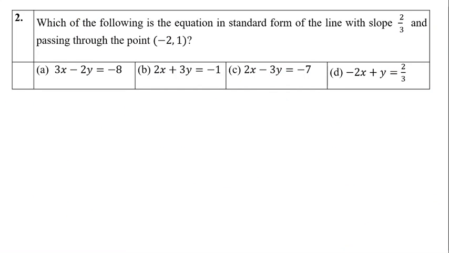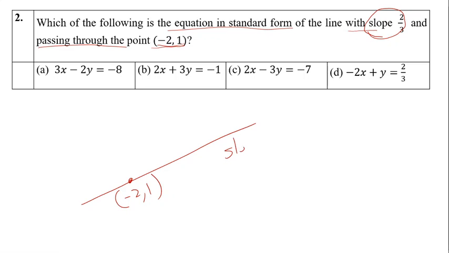Now let's look at the second problem. Which of the following is the equation in standard form of the line with slope 2 over 3 and passing through (-2, 1)? So there's a line, it passes through the point (-2, 1), and we know the slope of this line is 2 over 3.